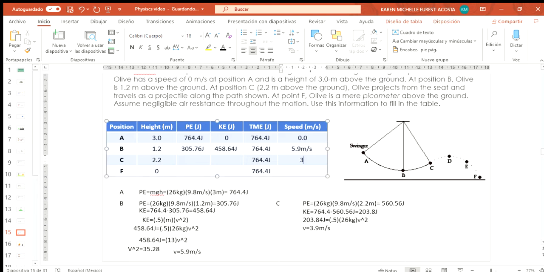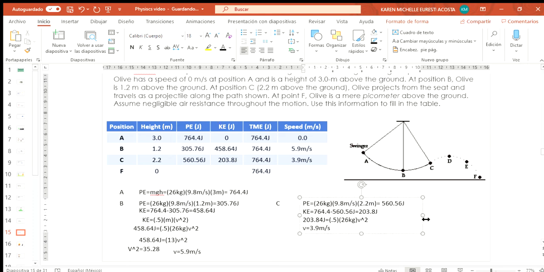So we look here: 3.9 meters per second, and here 560.56 joules, and 203.84 joules.